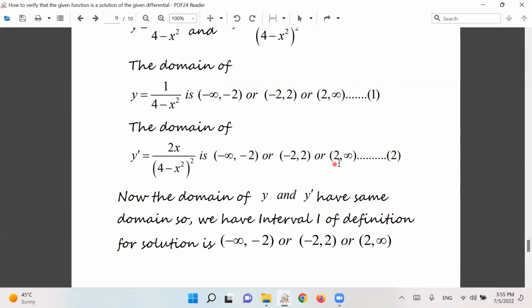So we consider them all. Any of them can be the interval I of the definition for the solution. So this is all about how to find that the given solution is the solution of the given differential equation, and how to find the interval I of the definition for the solution.